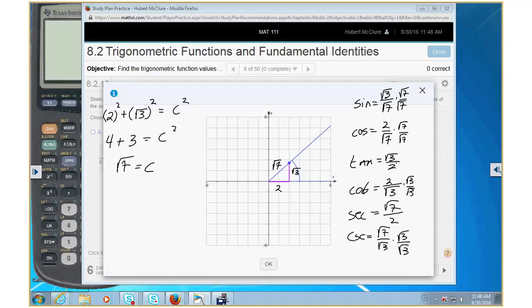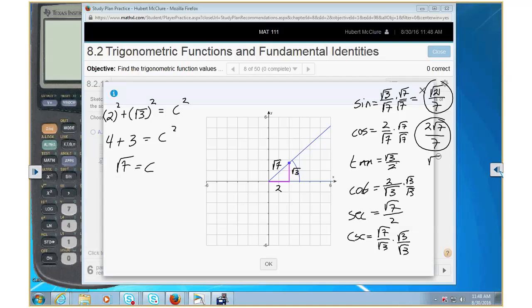The reason I'm doing extra, instead of just flipping them, is I want to show you how to rationalize, because you can never get enough of that. So that's why the square root of 21 over 7, that's your answer there. 2 square root of 7 over 7, that's your answer there.